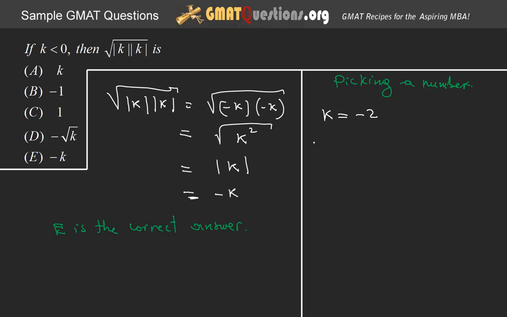In that case, the square root of the absolute value of k times the absolute value of k is going to be equal to the square root of the absolute value of -2 times the absolute value of -2. Let me erase this and write it nicer.